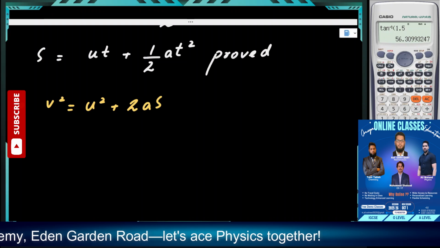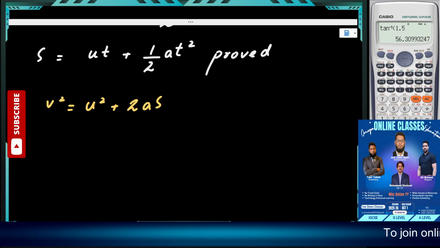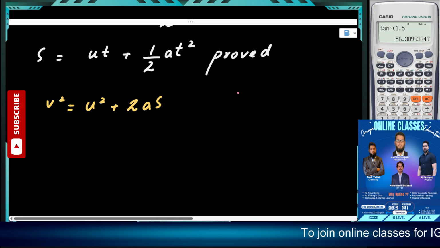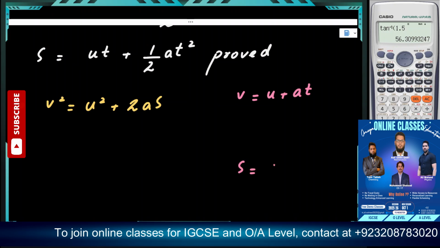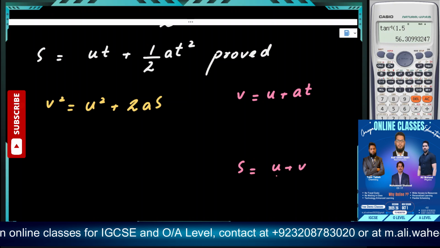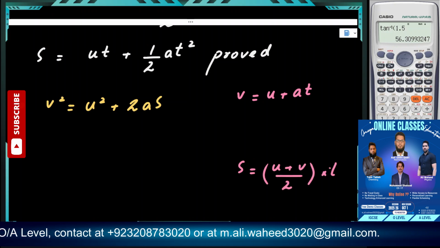So once again, all the equations that we have done so far can be used as a prerequisite. So I'm going to rewrite the equations that we are done with. v equals u plus at and s equals half of v plus u, into t.